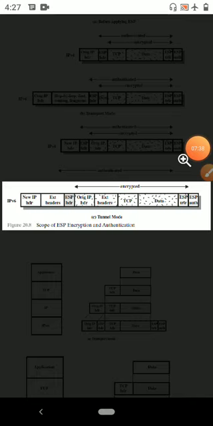First, the source prepares an inner IP packet with the destination address of the target internal host. This packet is prefixed by an ESP header. Then the packet and ESP trailer are encrypted and authentication data may be added. The resulting block is encapsulated with a new IP header whose destination address is the firewall. This forms the outer IP packet.